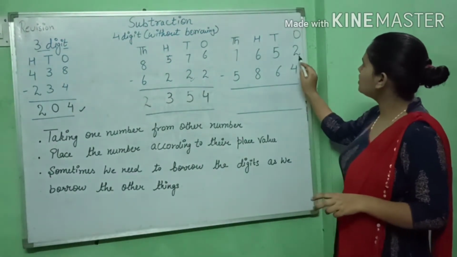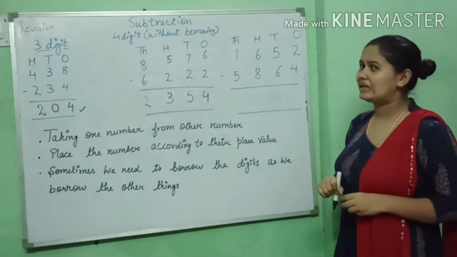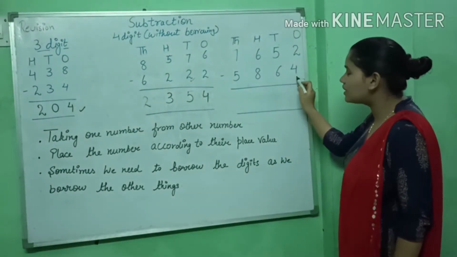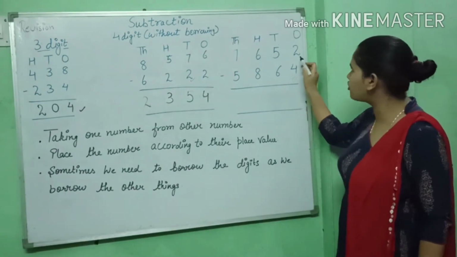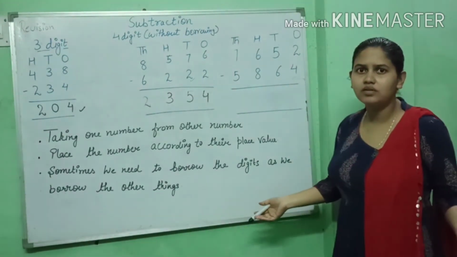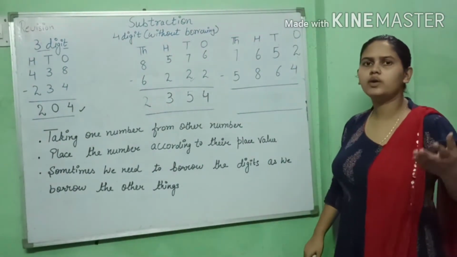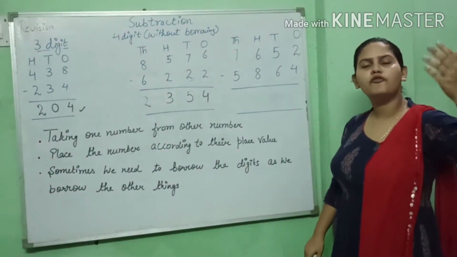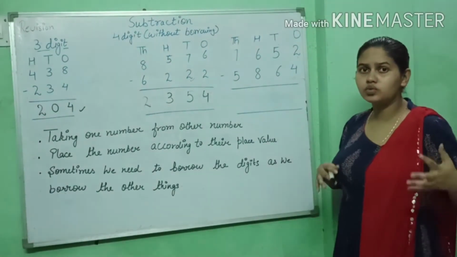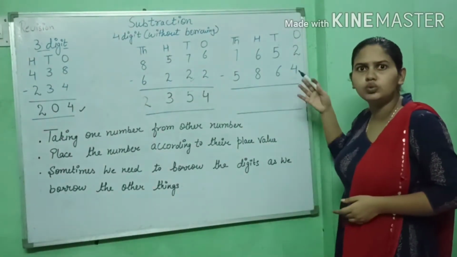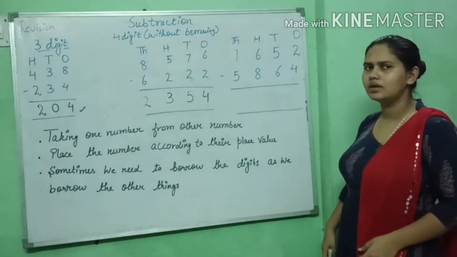So in this way, you have 2 and 4. Now you can see clearly that 2 is smaller than 4 and we have to minus 4 from 2. This is not possible, we all know, because this is the smaller number and this is the bigger number. How can we minus a bigger number from the smaller one? So what will the ones do?